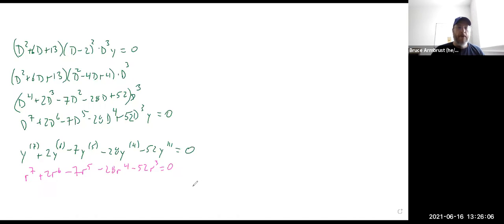Our next step would be to factor this thing out. Oh, that should have been a plus. If we factor it, we're going to get what they factored for us. It's going to be r squared plus 6r plus 13 times r minus 2 squared times r cubed. So I just changed all those d's to r's. By them writing it in this form, they actually saved us all the algebra.